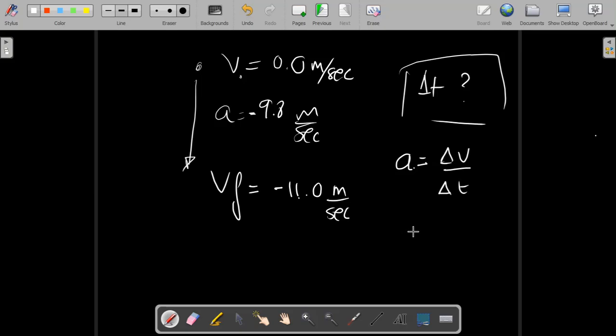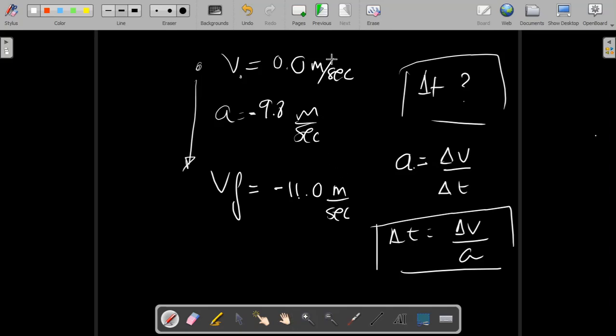From here, I can find my time. So my time is my change in velocity divided by the acceleration. Remember, this goes on the other side multiplying, but then the acceleration is bothering me, and I need to get rid of it by going on the other side dividing. So this is the formula that I'll be using to calculate my time using all this information.